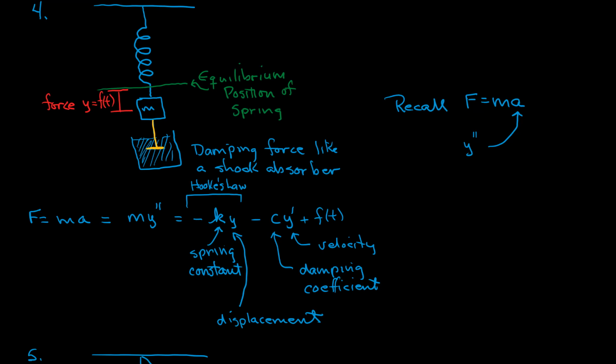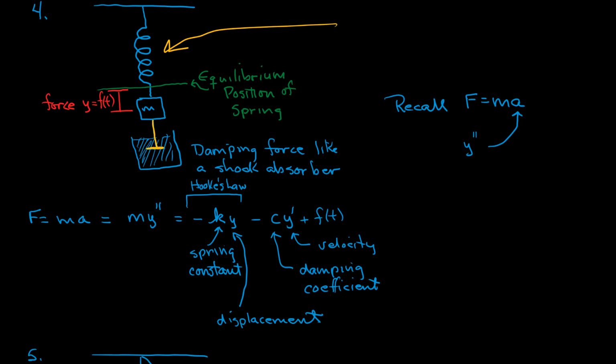Okay, so we have that. Where do we go from here? First thing we need to realize is that part of our system is going to be the behavior contributed by the spring. Hooke's law describes how that behaves, where essentially the force is equal to the displacement, the amount that the spring has moved, times a constant.